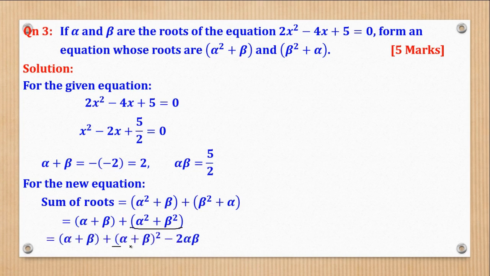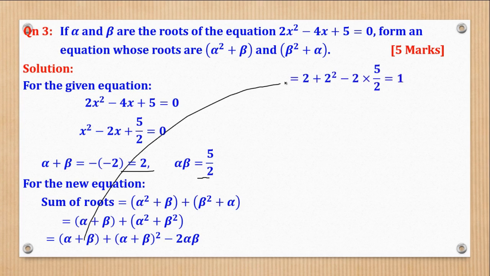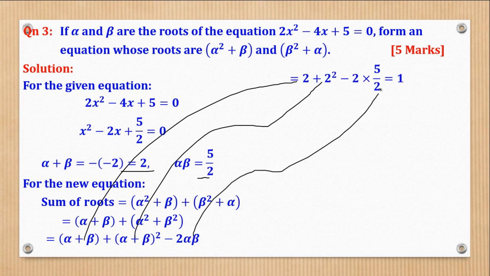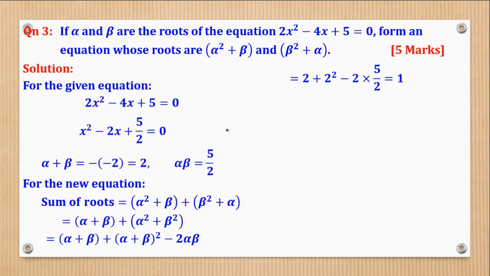It gives you alpha plus beta everything squared minus 2 alpha beta. Now remember alpha plus beta is this and alpha beta is this, so I'm going to substitute for alpha plus beta and alpha beta. When I use a calculator, I'll come up with positive 1 as the sum of new roots.